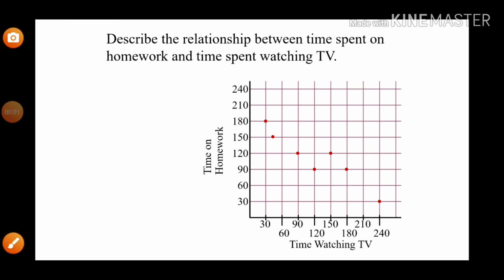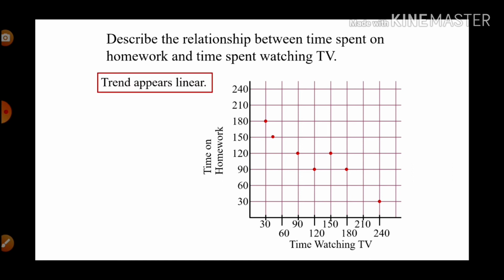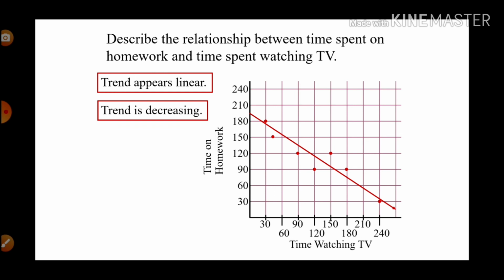what do you see? What things do you have to analyze? Number one, is it linear or non-linear? Yep, the trend appears to be linear. Then is it an increasing trend or decreasing trend? Yeah, it's a decreasing trend. How do we know it's decreasing?